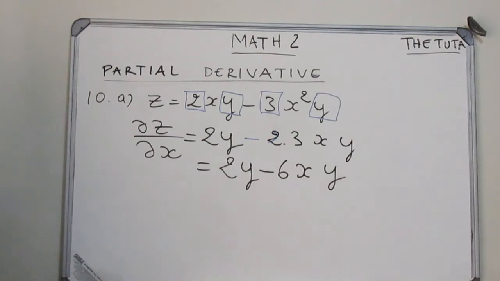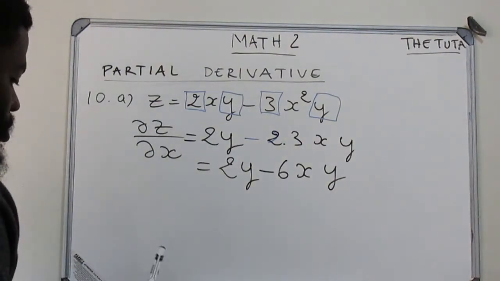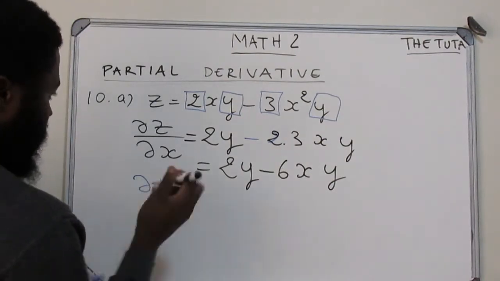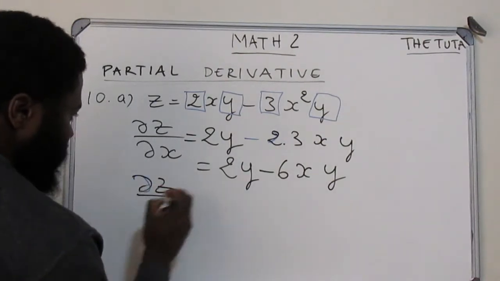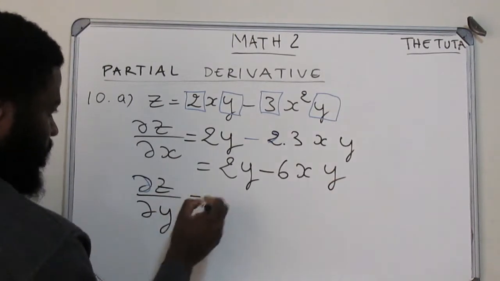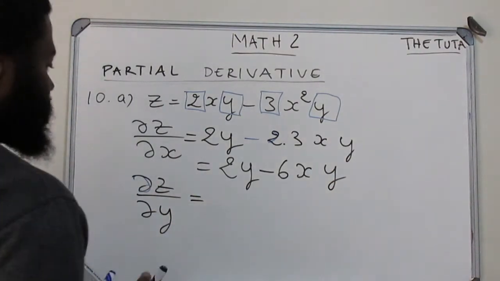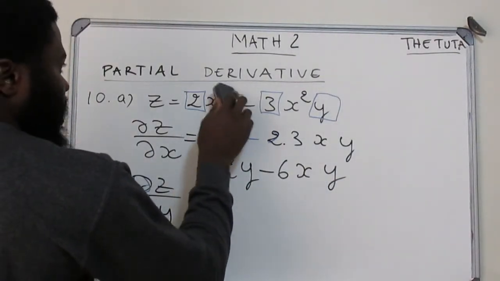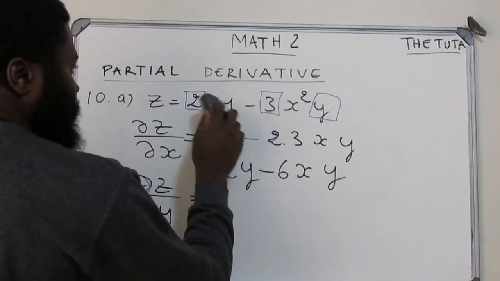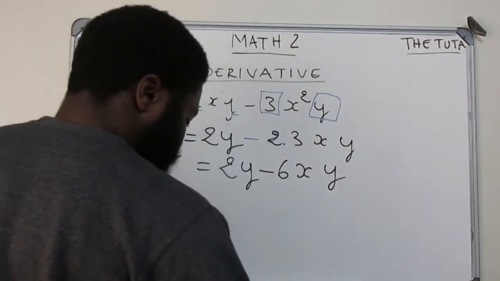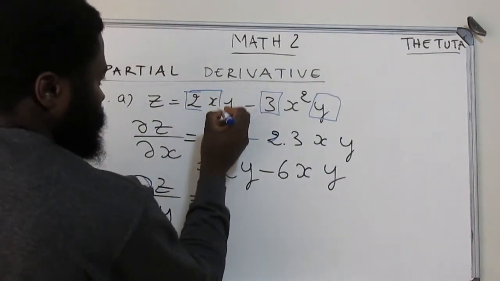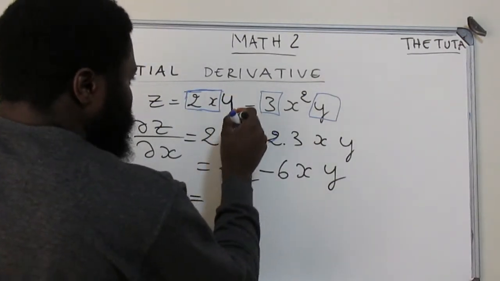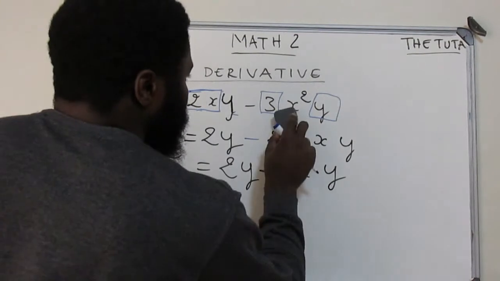You do the same thing when you have to derive partially z with respect to y. Now here you have to regard x as your constant, so this is your constant. Now you need to focus on y, you have to derive this, and the other side as well.